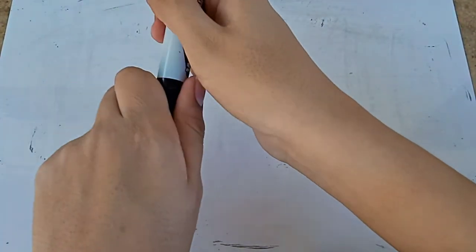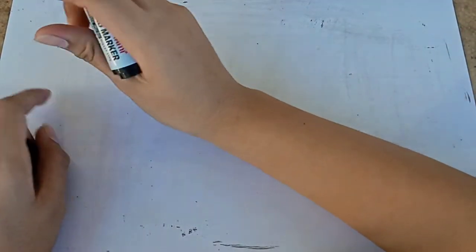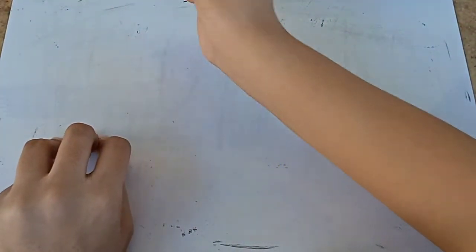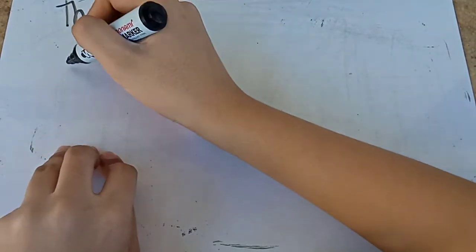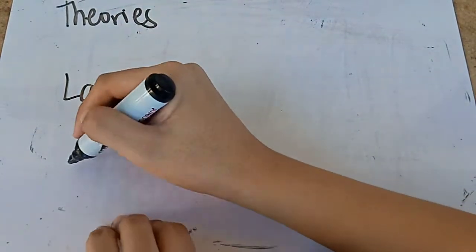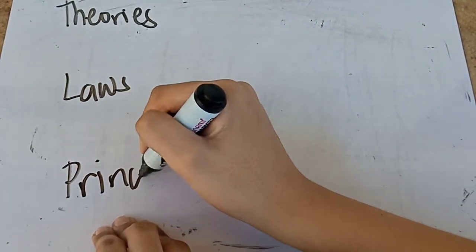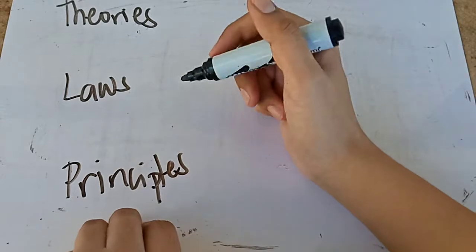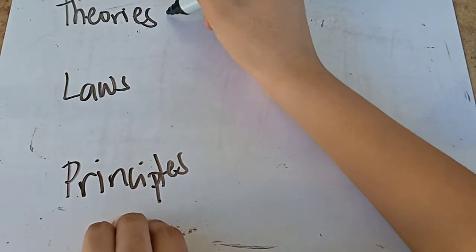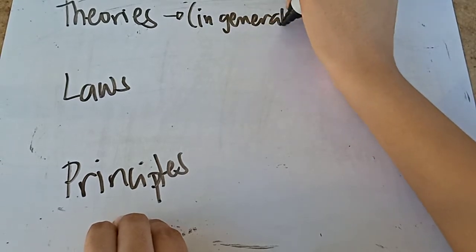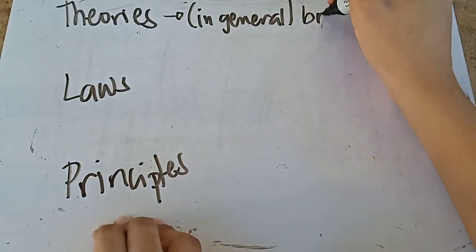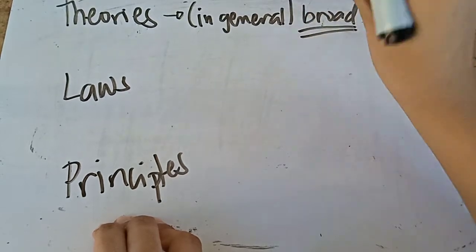Given that basic research creates hypotheses, theories, laws, and principles, what are the main differences between theories, laws, and principles? So we have theories, we have laws, and we have principles. Theories in general can be broad.